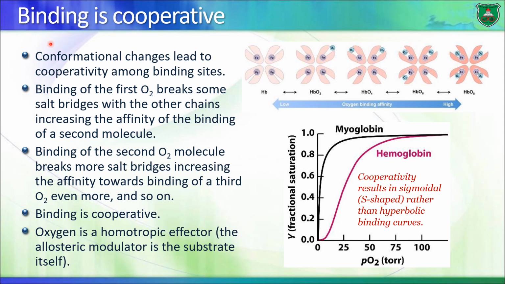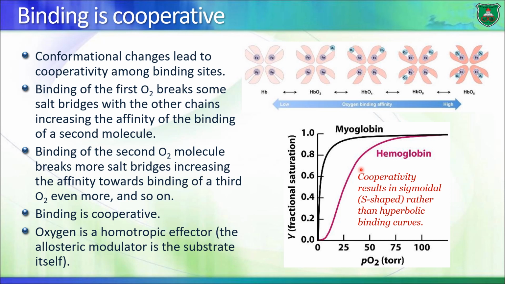Now, something else, and remember that whenever you see a sigmoidal curve, it means that binding is cooperative. Okay, it means that one, there is a change in the structure of the molecule, that's one. Two, it means that there is cooperativity as well.